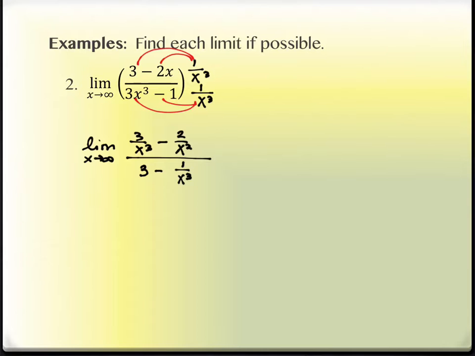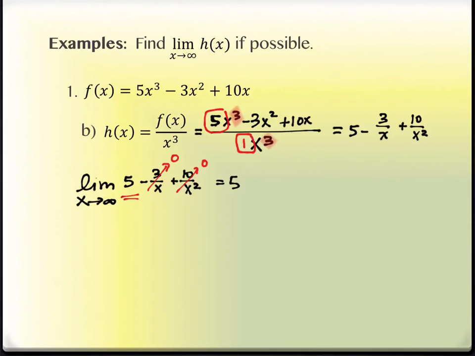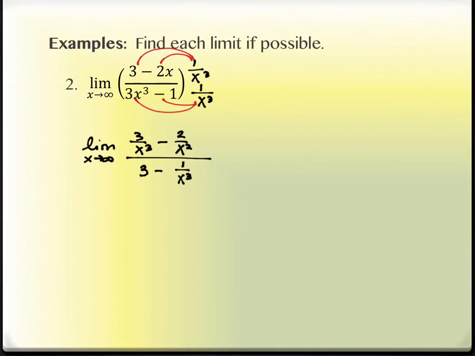Now, one of our limit properties from chapter 1 said that if I have lots of little pieces of limits along the way, instead of worrying about the entire composite, I can look at the limit of each individual piece.